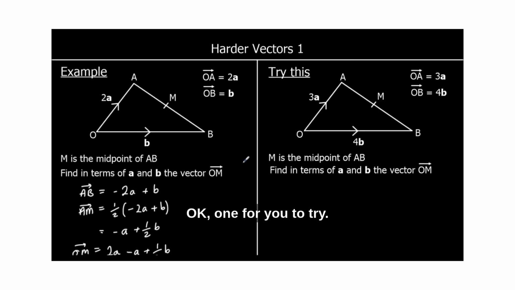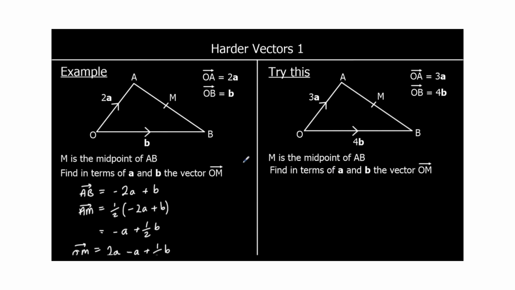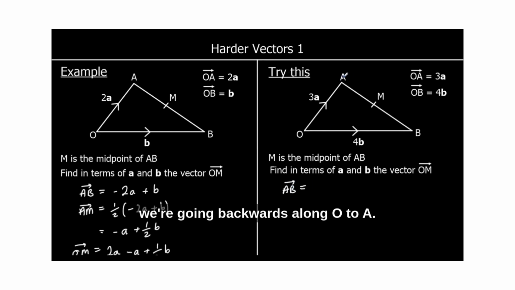Okay, one for you to try. So again, we're looking for the vector O to M. Just as before, we can say that A to B is, going backwards along O to A, this time minus 3a plus 4b.